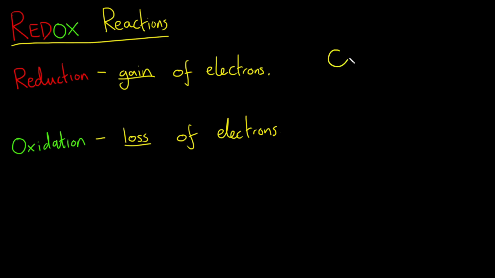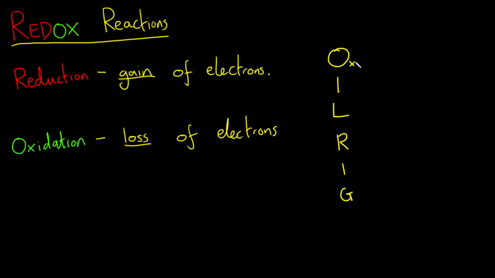A nice way to remember it is if we remember the word OIL RIG, one of these things that you find out in the North Sea to drill for oil. OIL RIG is a nice little way that we can remember the correct definitions of these reactions.